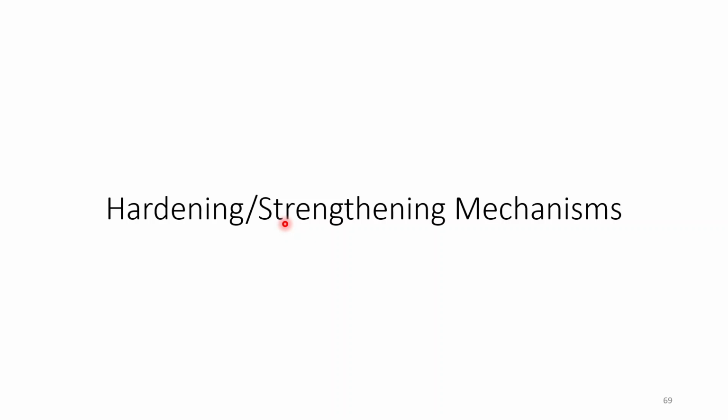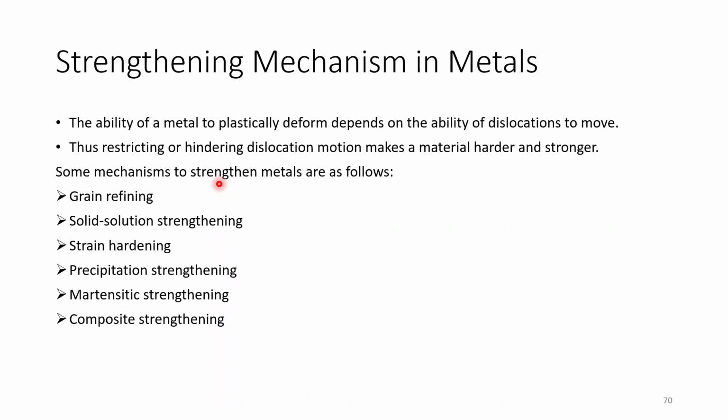Now some questions were based on hardening and strengthening mechanisms, so I'll go through those briefly besides the lecture notes. These are not part of your lecture notes, but I'm going through these because you had 2 questions based on these. Firstly, the ability of a metal to plastically deform depends on the ability of dislocations to move.